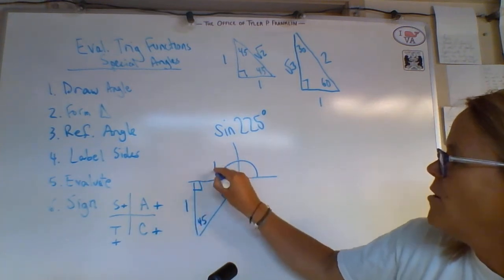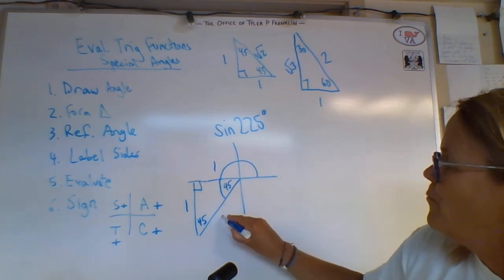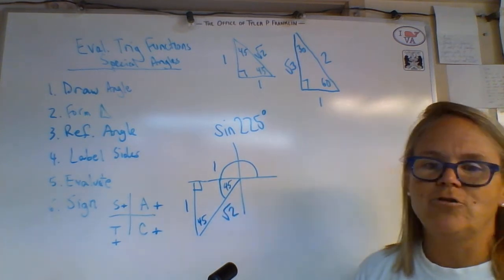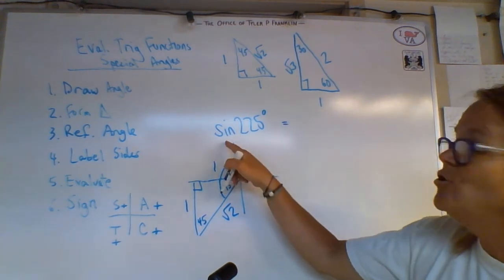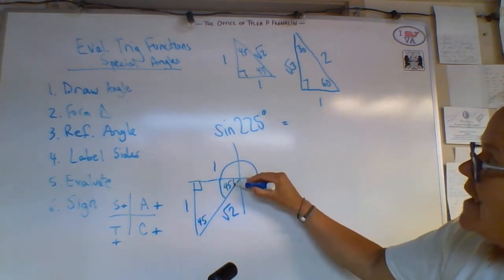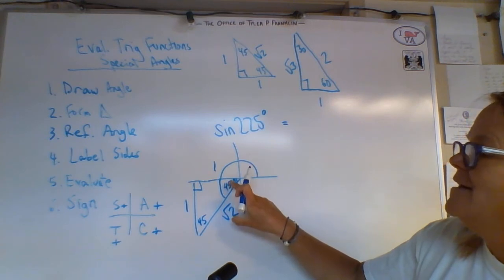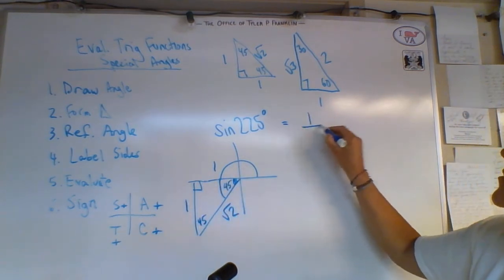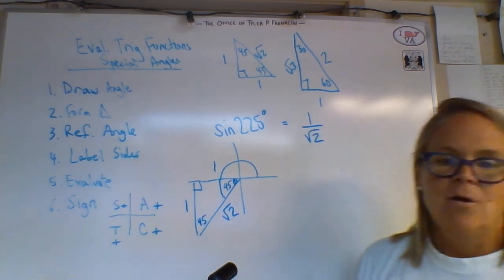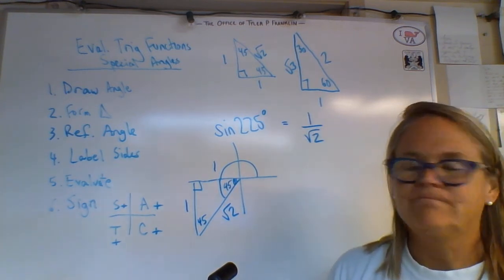The legs are 1. The hypotenuse is square root of 2. Evaluate. Do the sine. Look at the reference angle. Sine is opposite over hypotenuse, 1 over radical 2.